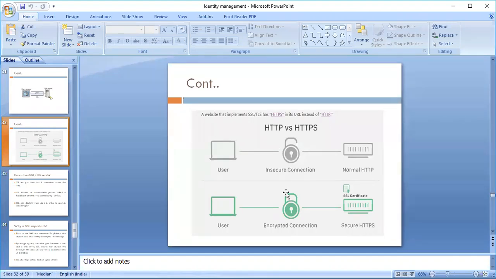When we implement SSL while establishing the connection, we are actually using secure HTTPS URLs, and we have implemented the SSL certificate mechanism as well, just to ensure that the connection is encrypted and that we are authenticating by using SSL certificates. We'll be discussing SSL certificates in detail as well.